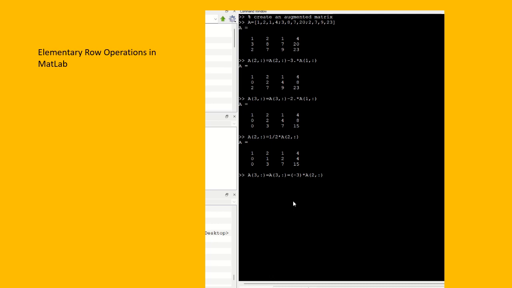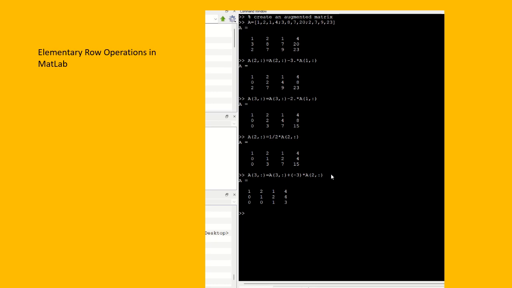Okay, so we calculate the third row of A, whoops, and that should be a plus sign right there, not another equal sign. Typographical error, so let's correct that. Backspace, change that to a plus. Okay, so the third row of A is whatever the third row of A is right now, plus minus 3 times the second row of A. And so let's hit enter.